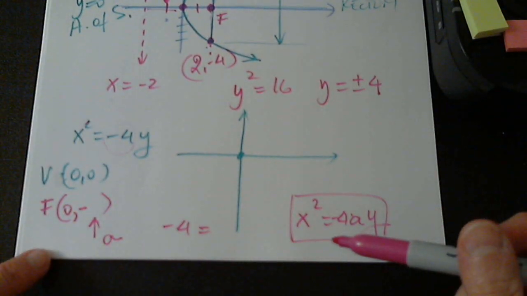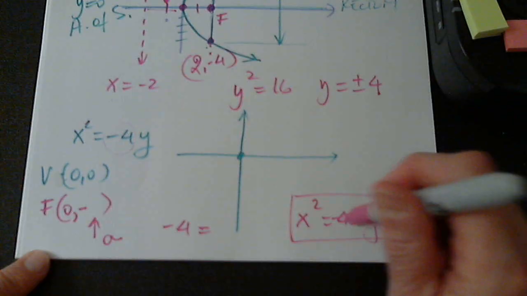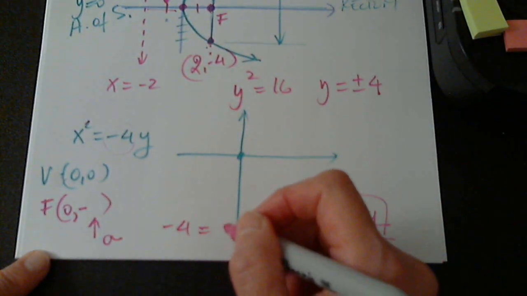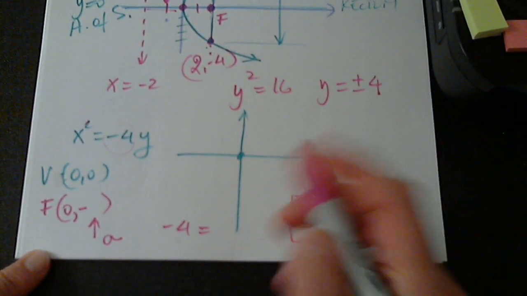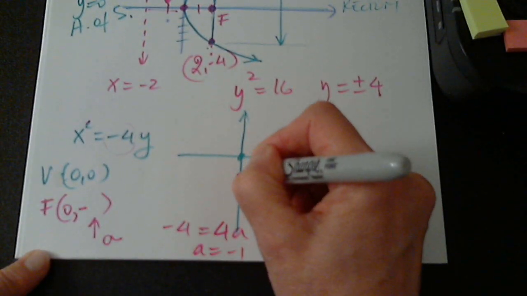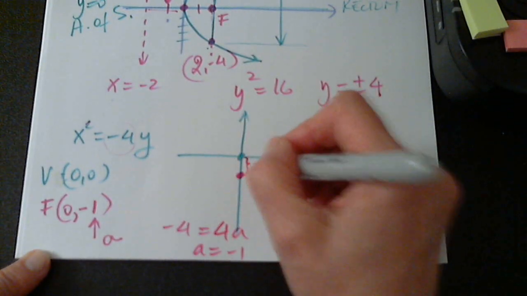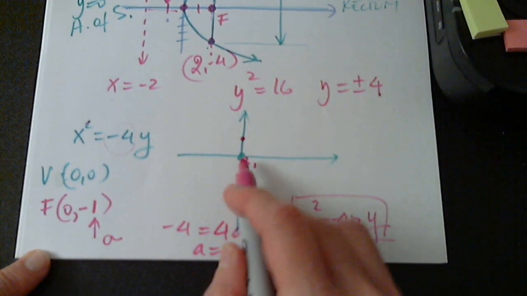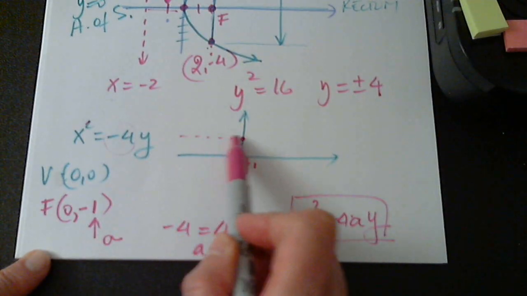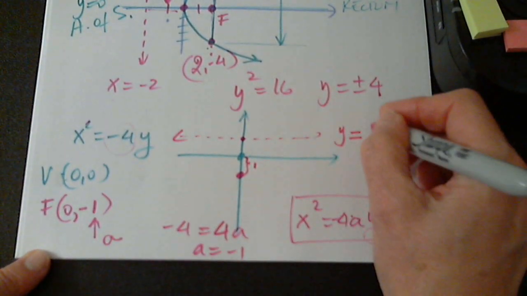So negative 4a equals negative 4. So a equals 1. So I already know that the focus is right here. If this is 1 unit, on the other side of the vertex, I have to have the directrix, which is now a horizontal line, y equals 1.